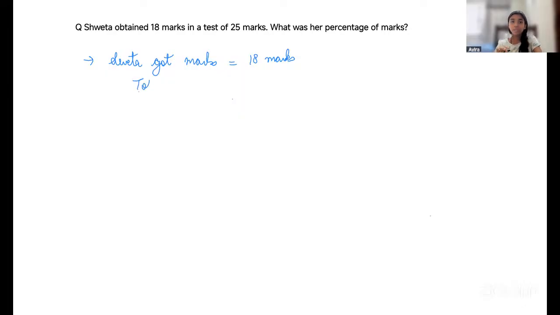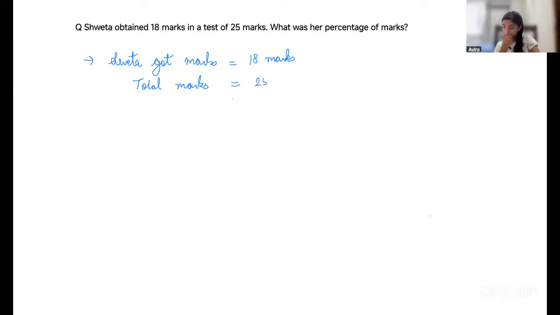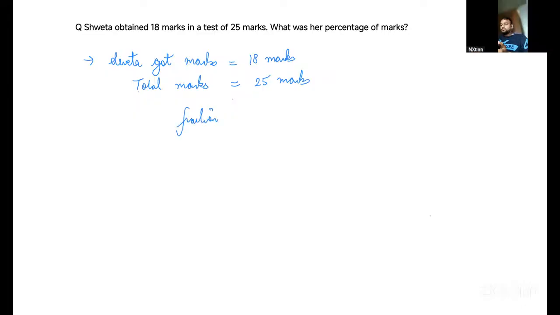So 18 by 25, and then multiplied by 100. And then you simplify it and you get your percentage. Yes, perfect. The fraction will be 18 by 25. Now it's in fraction form. We have to convert it into percentage form.